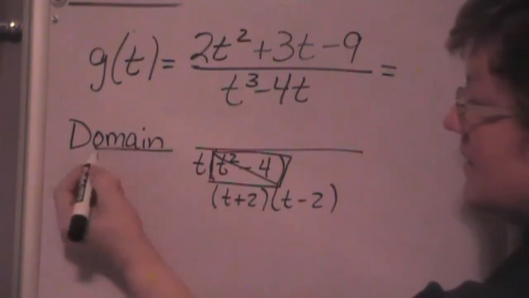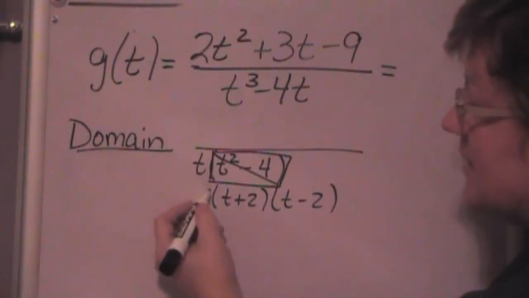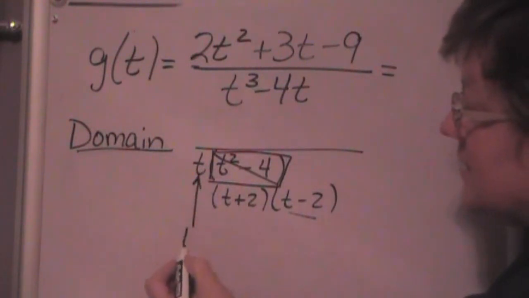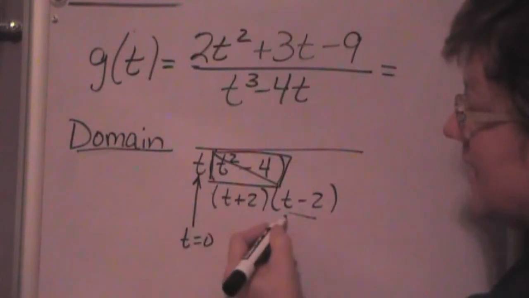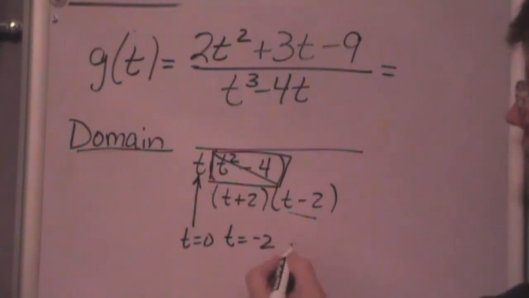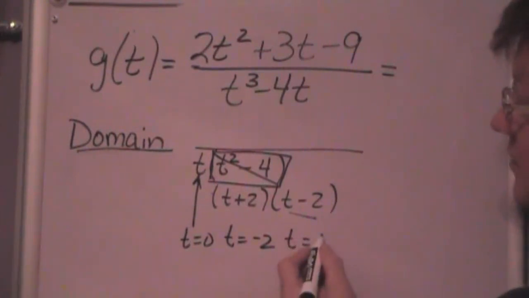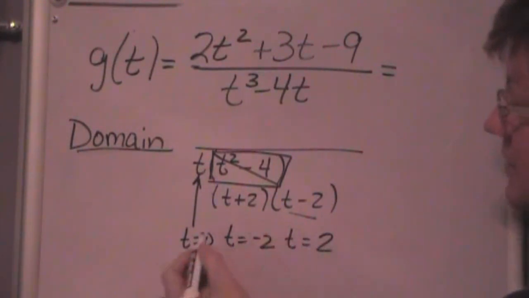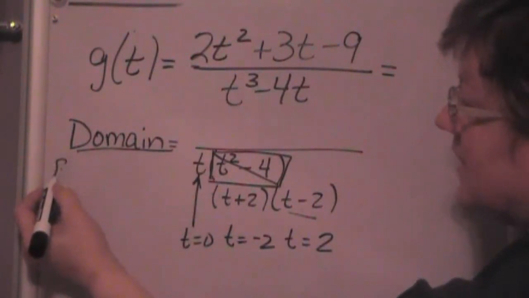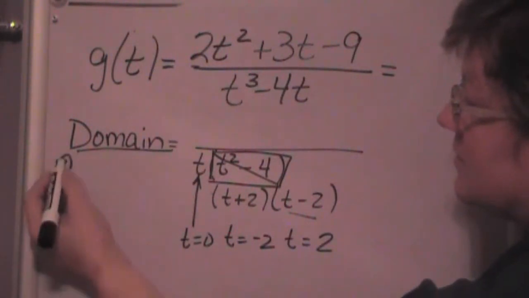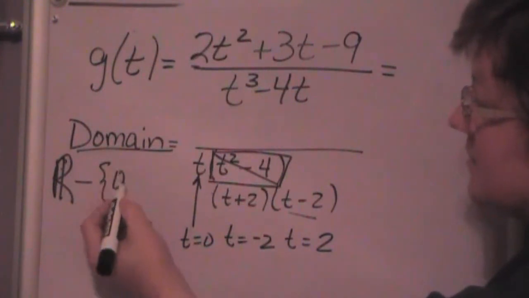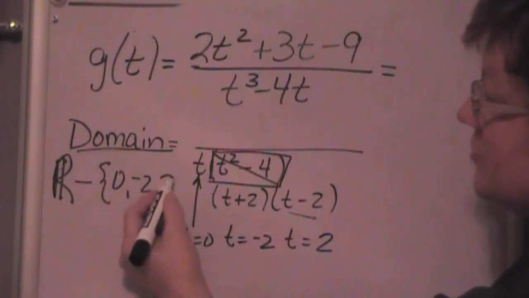Now my domain is the set of reals minus anything that makes this equal to 0. Well, here we have t equals 0 would make the denominator 0, t equal to negative 2 makes the denominator equal 0, and t equal to 2 makes the denominator equal to 0. So my domain, then, is the set of reals minus the set containing 0, negative 2, and 2.